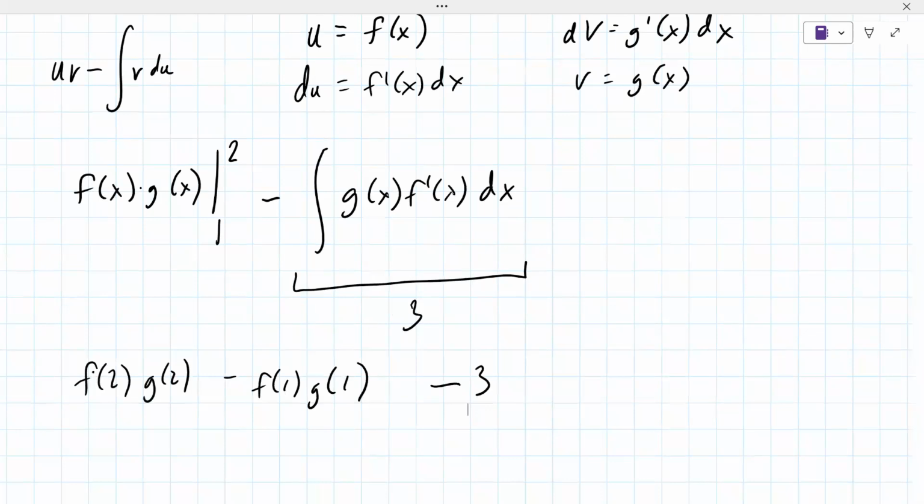So you've got to go back to your table. f of 2, g of 2 looks like it's 2 and 3. f of 1, g of 1 is 3 and -1. You might double check that.